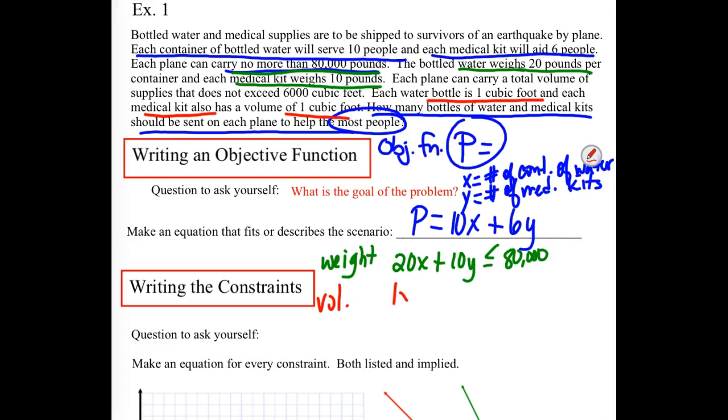So 1x plus 1y, and my maximum I can reach is 6,000. Okay? There are two other constraints that we have to list. Anybody know what they are?